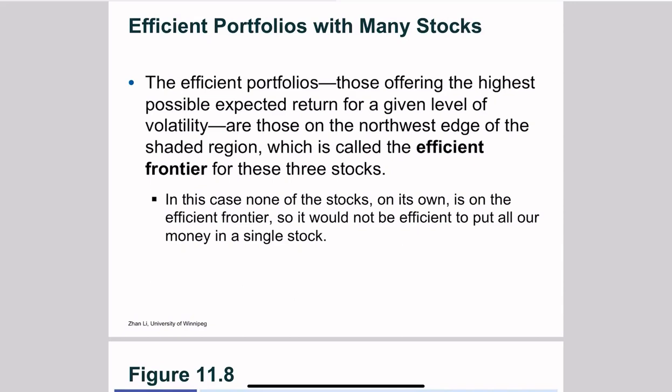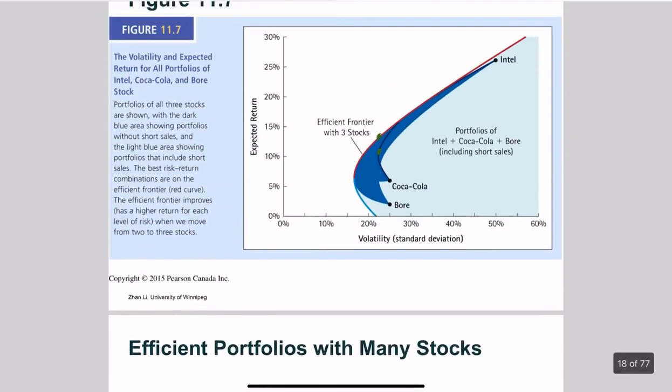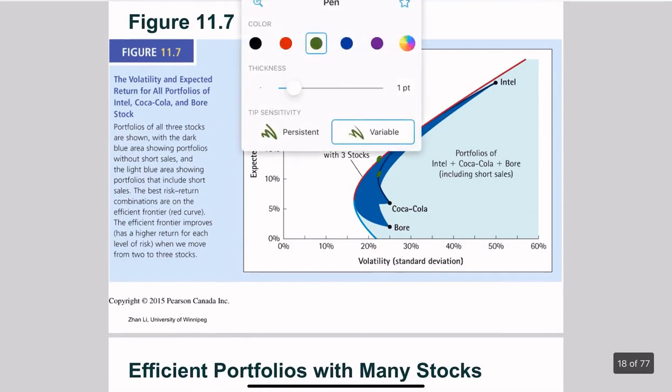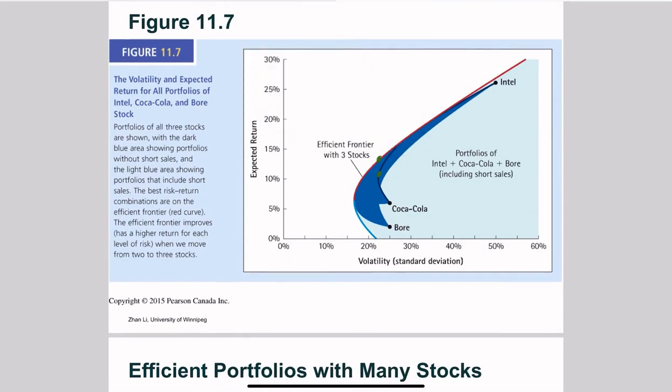So basically what you can see here is, when you have more stocks to construct your portfolio, you will have a better efficient frontier. And interestingly, you can see that investing in a single stock, right? These three dots represent investing in a single stock.